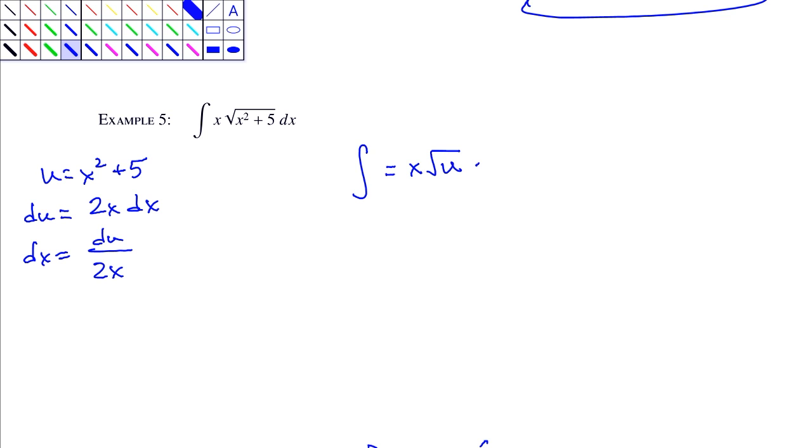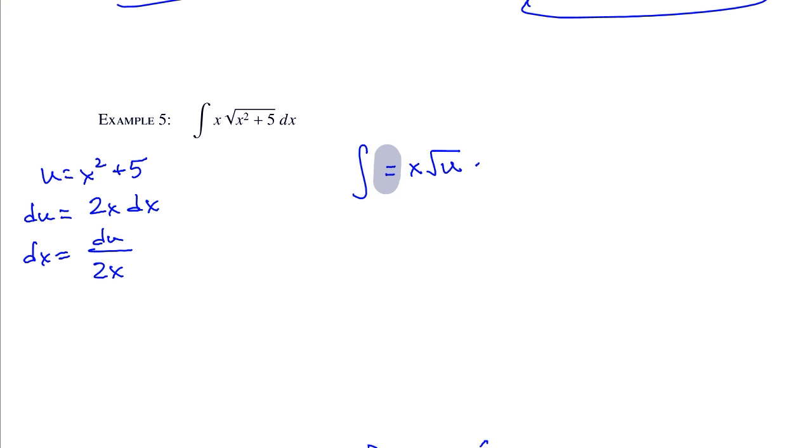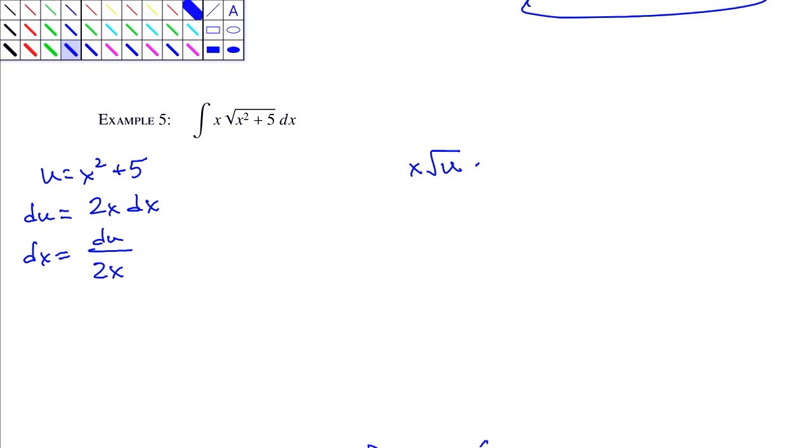This is equal to the integral of x times the square root of u times du over 2x. So again, the x's cancel. It leaves a 2, but that's okay. Having a 2 there is okay.